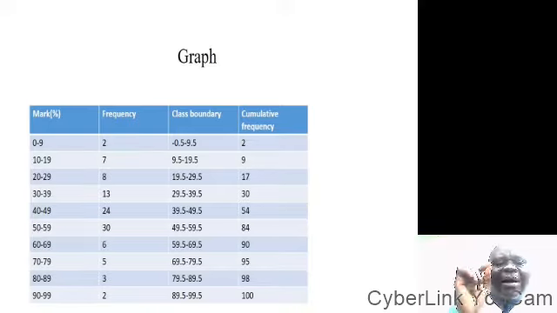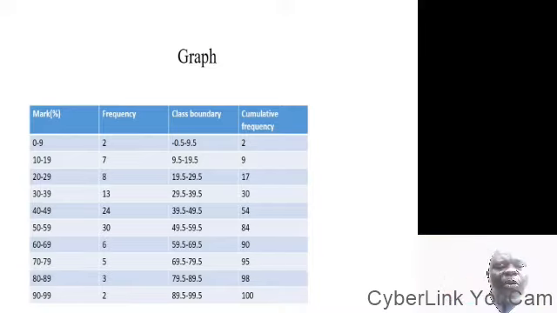To get our class boundary, we reduce the lower class limit by 0.5. When we reduce 0 by 0.5, we have minus 0.5, while our upper class limit will now be 9.5, we increase it.